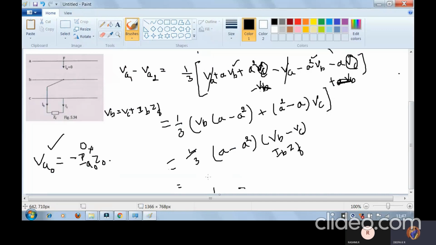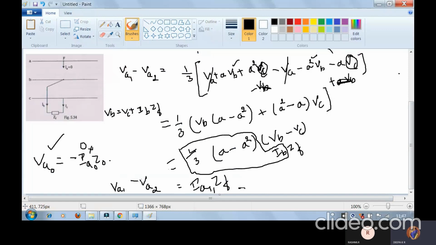But this term, 1 by 3 into A minus A square into IB, this whole term can be written as IA1 into ZF. So you are getting a final formula, that is VA1 minus VA2 is equal to IA1 into ZF.